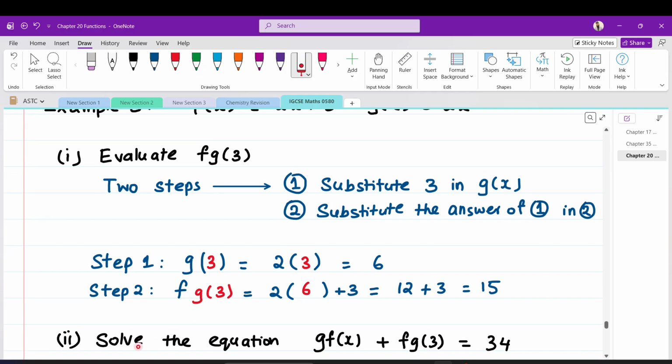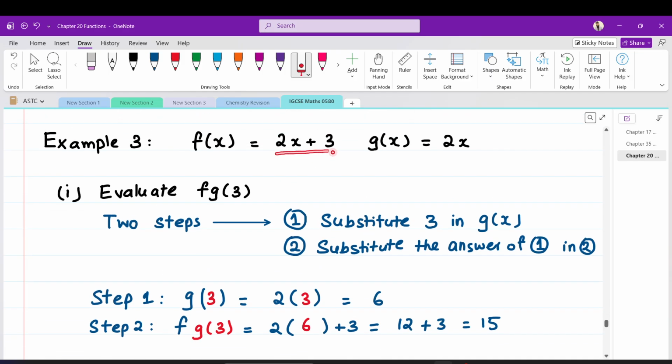Then the part 2 of this question is solve the equation g of f of x plus f of g of 3 equals 34. Now this we have already worked out to be 15, right? Now we need to find an expression for this. So we have to substitute f of x, which is 2x plus 3, into the function g of x.